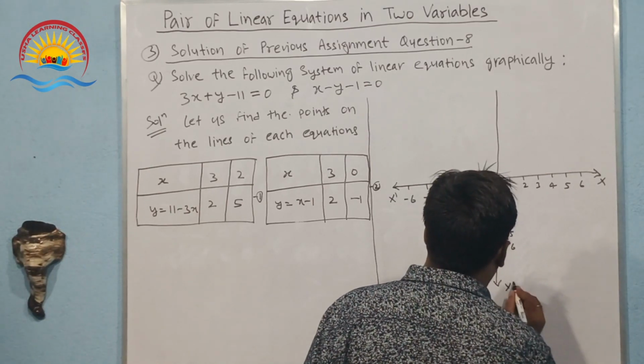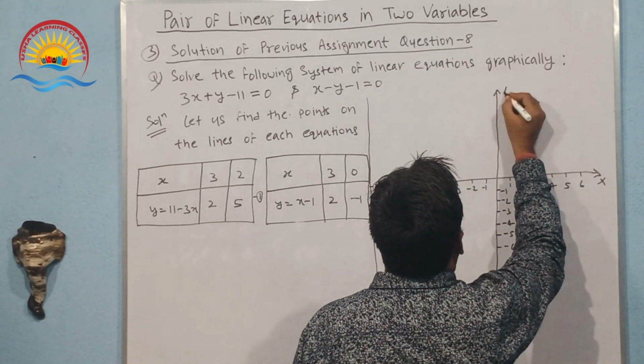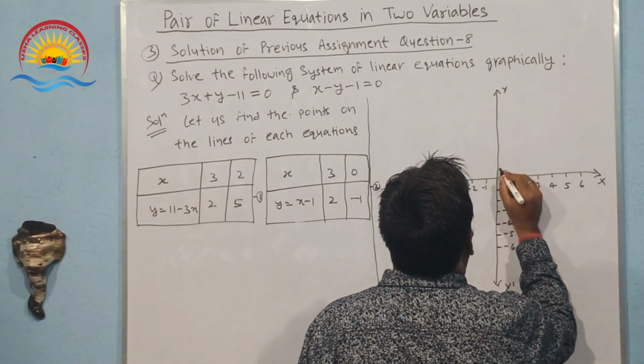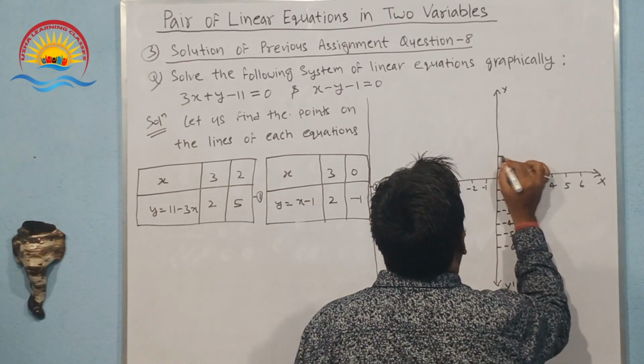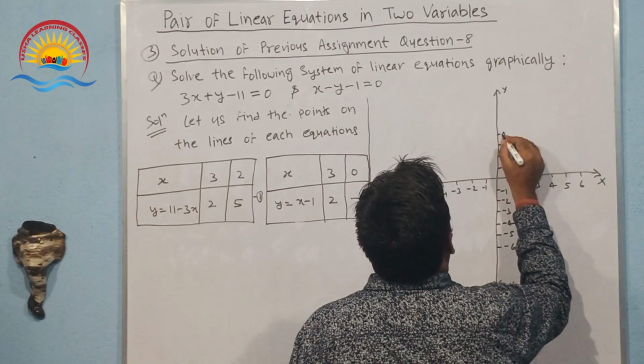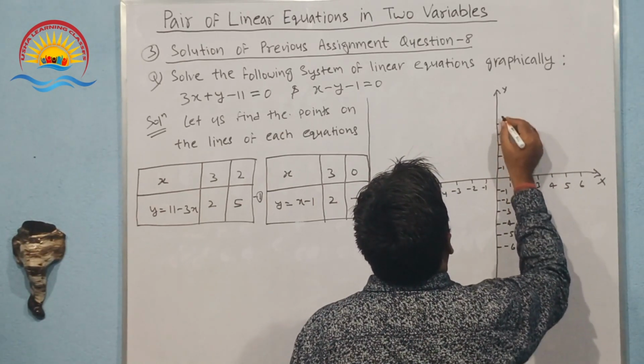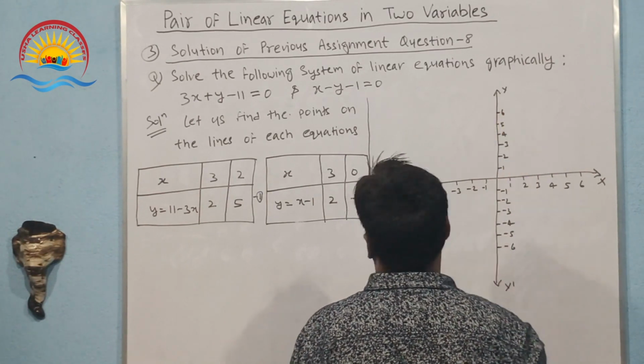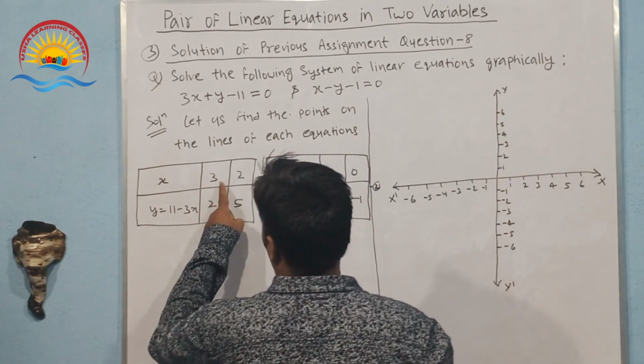This is y dash and this is y. This is y axis. 1 2 3 4 5 6. Plot these points on graph.